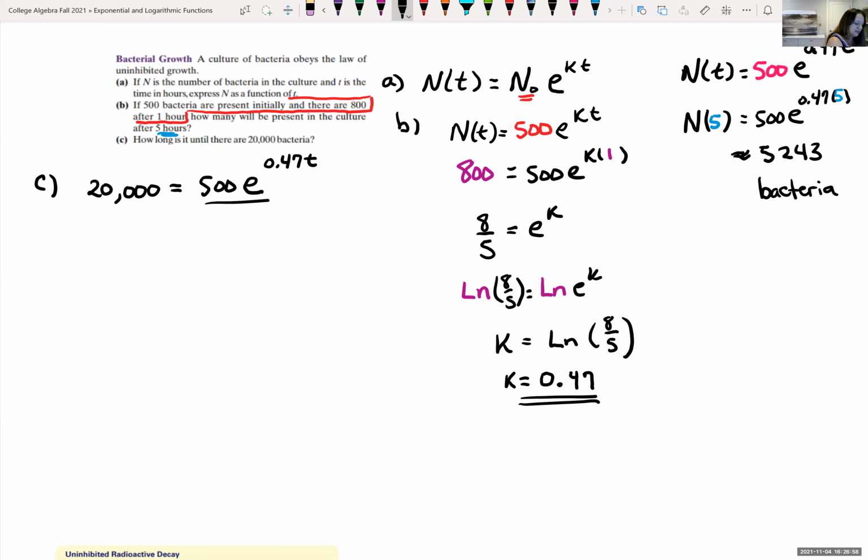So let's divide both sides by 500. So 5 goes into 200 40 times. So I have 40 equals e raised to the 0.47t. Take the natural log of both sides.